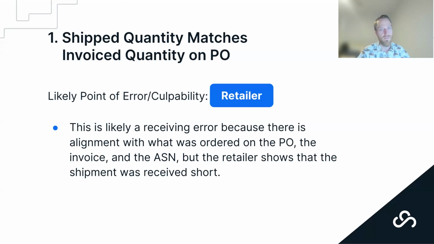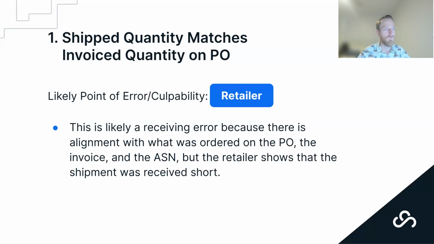So kind of a common tactic that we'll look at for all these root causes is what other data points can we look at to try to verify if it's valid or true or sort of not true. So in this case, for this root cause, we are comparing your invoice quantity on this PO with the shortage deduction to the shipped quantity. So how much you shipped out.